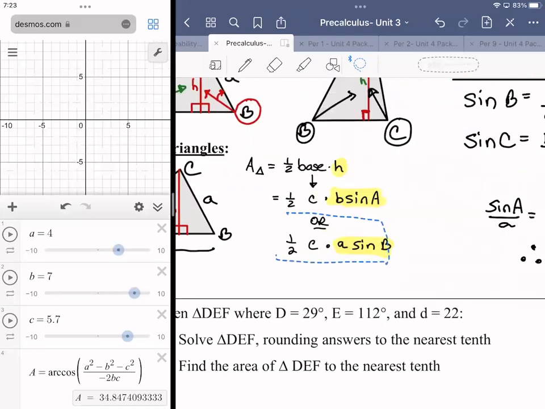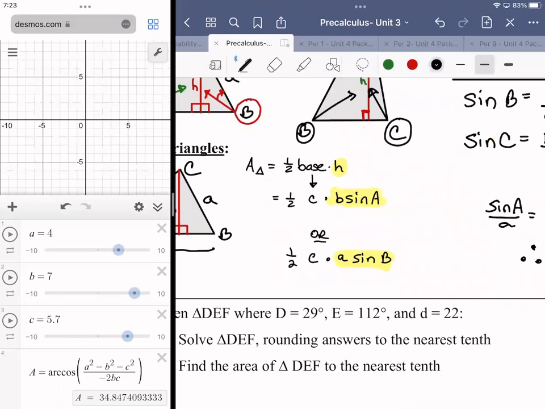So 1/2 BC sine A, we could say 1/2 AC sine B.